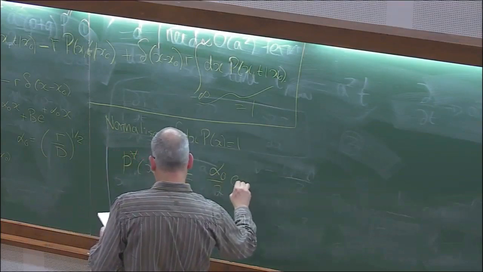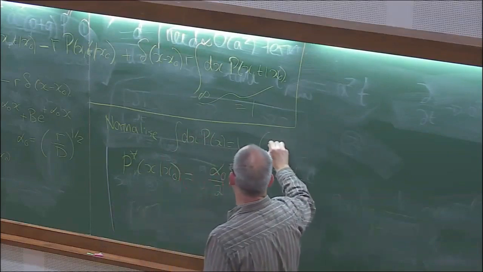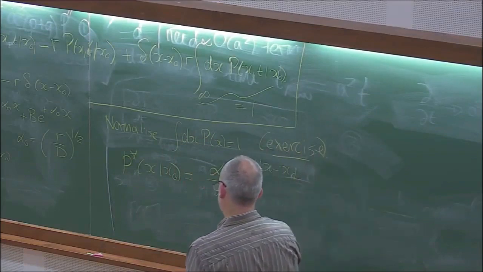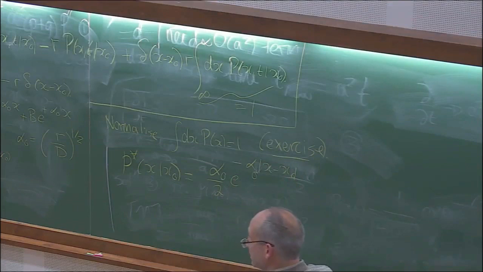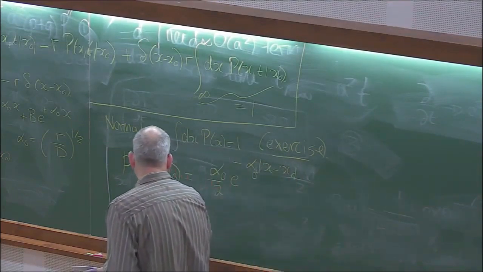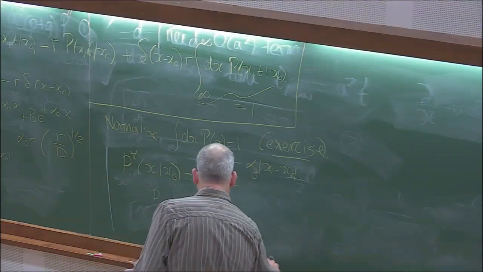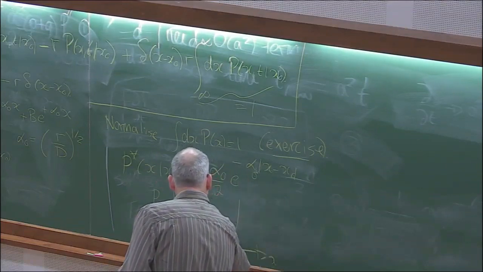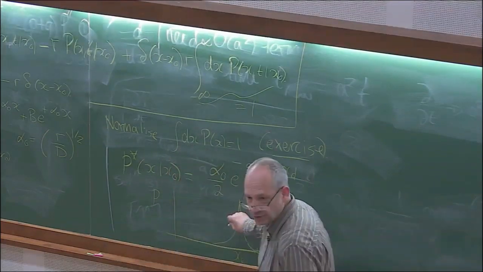And again, I'll leave that as an exercise for you to do the normalization. If I draw my p, and this is x, and let's say x naught is here, it looks something like this. So it's an exponential decay on both sides, and it's a well-defined stationary state.